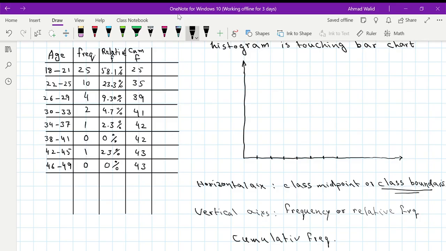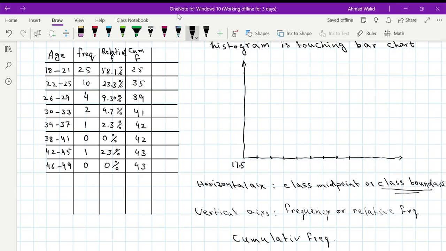That's why today I use the graph paper here. 1, 2, 3, 4, 5, 6, 7, 8. 8 classes. Correct? We write down our class boundaries. My class boundaries here, if it's 18, a very small number close to 18, before 18, which is 17.5.